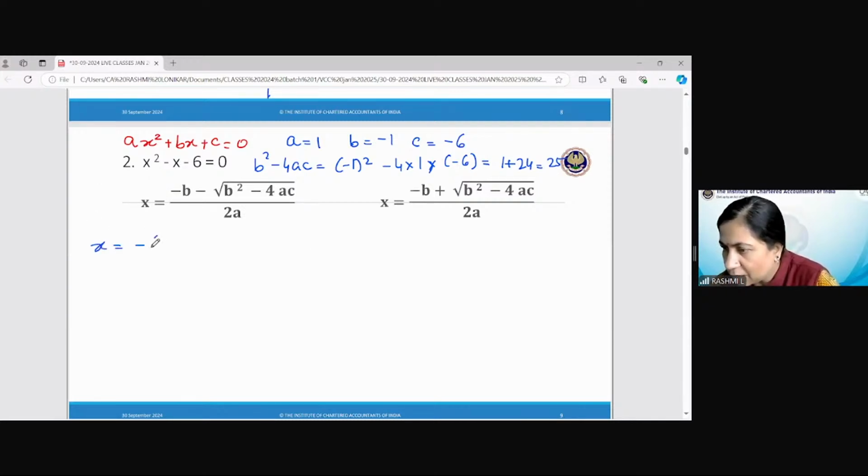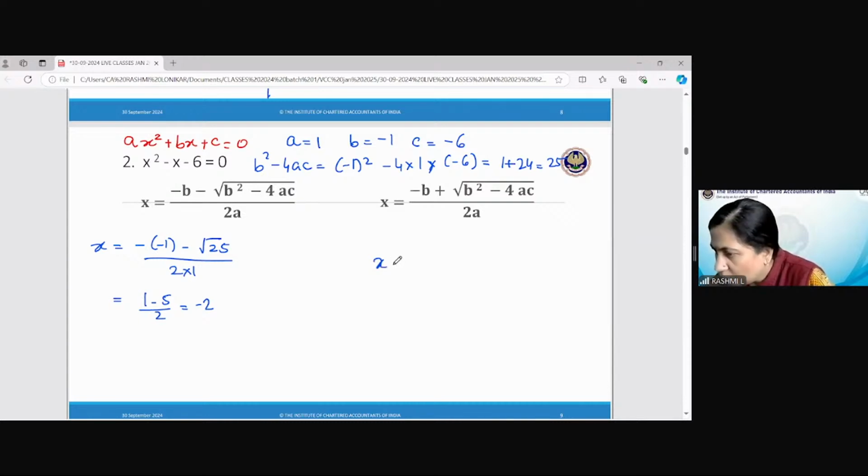So x is equal to how much? Minus b, minus of -1, minus square root of 25 upon twice a, 2 into 1. So how much is this? 1 minus 5 upon 2. So this is equal to -2. Now here x is equal to minus of -1 plus square root of 25 upon 2 into 1, which is equal to 1 plus 5.